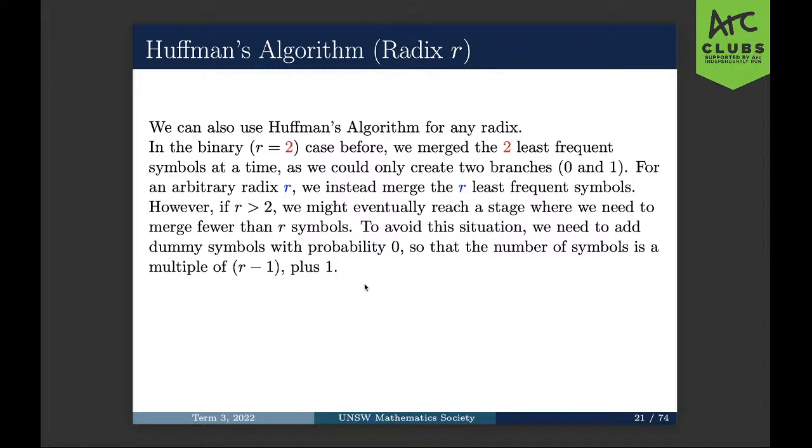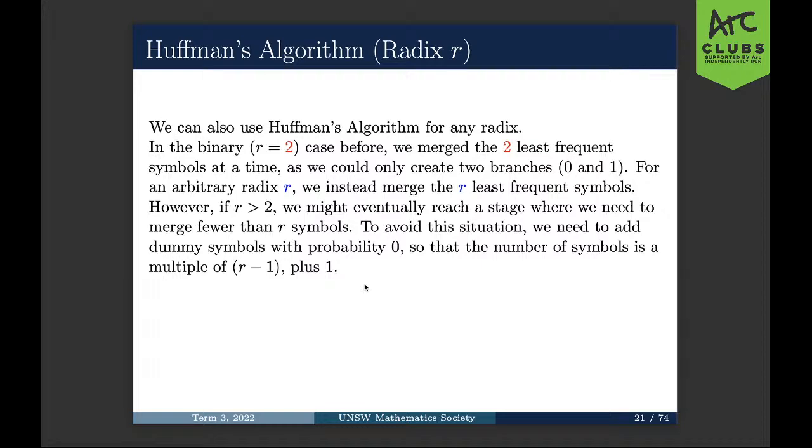The complication with this is that if the radix that we're working with is greater than 2, we might eventually get a situation where, in the later steps of the algorithm, we might not have enough symbols to combine. To avoid this situation, we need to add dummy symbols with probability 0, so that the number of symbols is a multiple of r-1 plus 1.